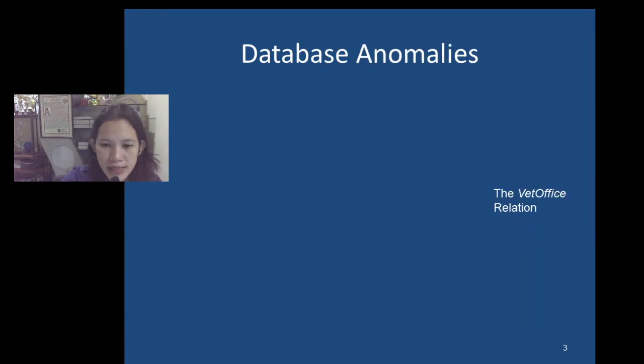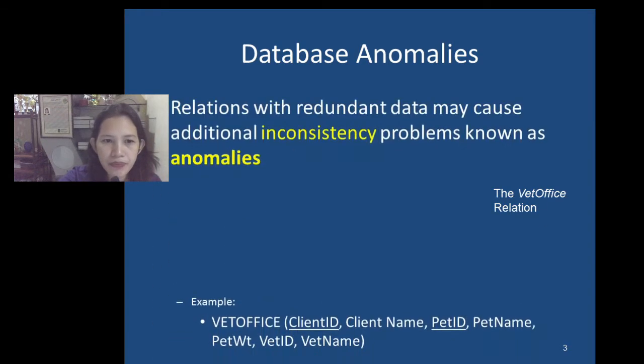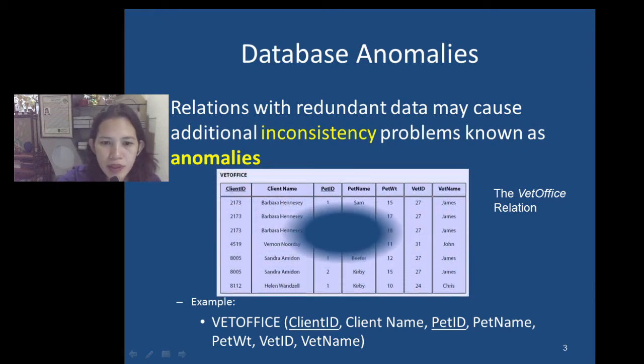Database anomalies. Relations with redundant data may cause additional inconsistency problems known as anomalies. Here we show the vet office relation, for example.